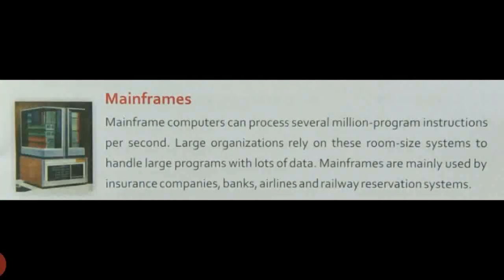Third one is mainframe computers. Mainframe computers can process several million program instructions per second. Large organizations rely on these room-size systems to handle large programs with lots of data. Mainframes are mainly used by insurance companies, banking systems, airlines, and railway reservation systems.